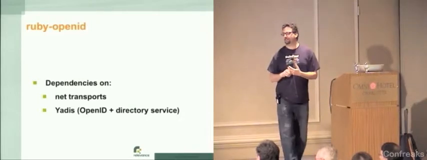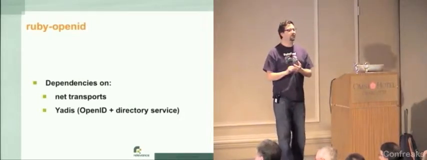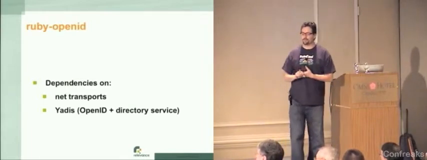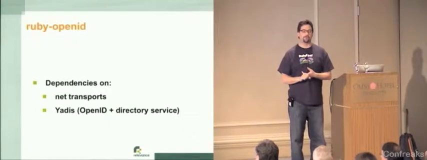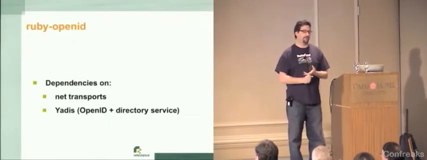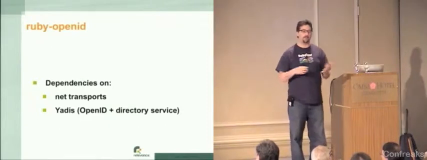And Yadis is a gem that combines OpenID transports and API calls with a directory service, so you can find OpenID servers. Now, in practice, most people don't use directory services. This is the same with this as it was with SOAP and web services in general and UDDI and all those other things.